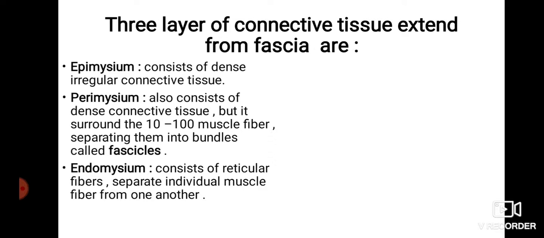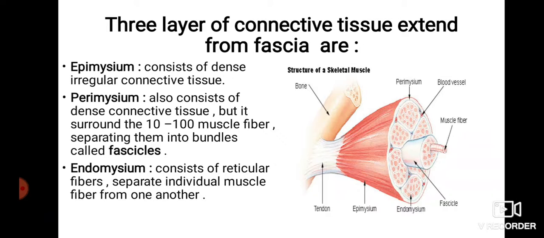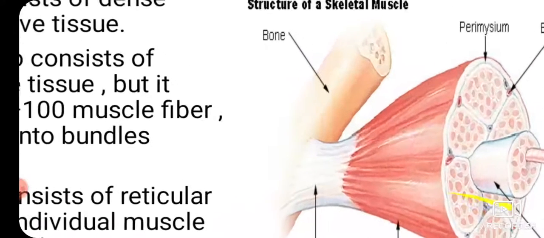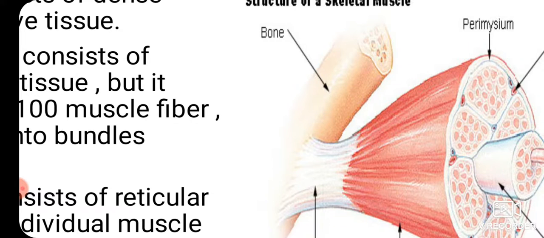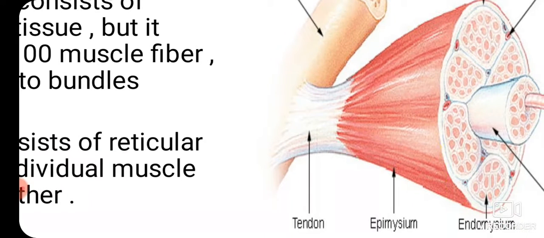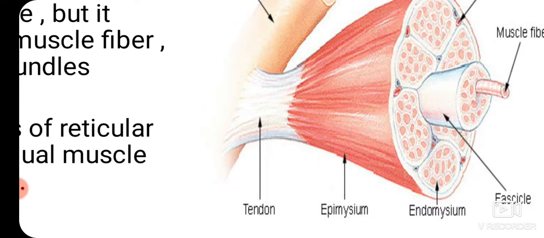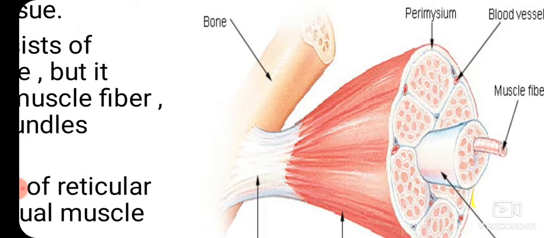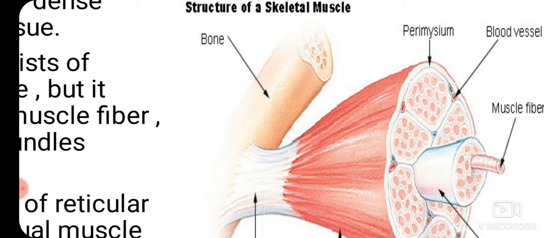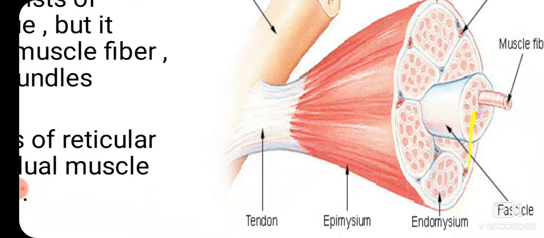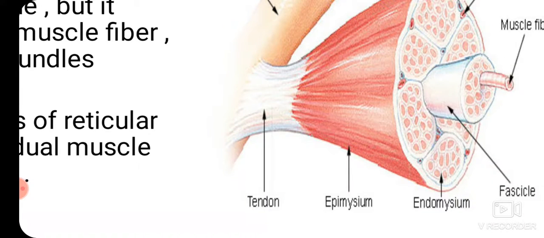These three membranes we see in the diagram. Here you see the bone that is connected with the muscle through the tendon. Here you see the first layer, the epimysium. The second is the perimysium, and this is the endomysium that covers the individual muscle fiber.